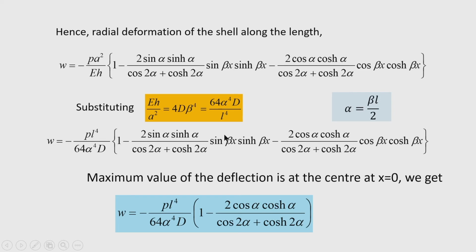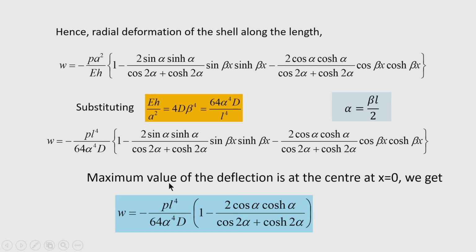and you can see this term will vanish, because when you put x equal to 0 here, this will be 0 as well as this will be 0, and cos beta x, when evaluated at x equal to 0, will be 1, cosh beta x also will be 1.